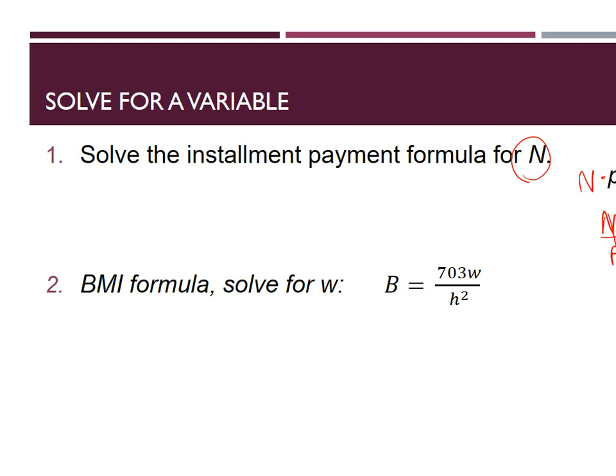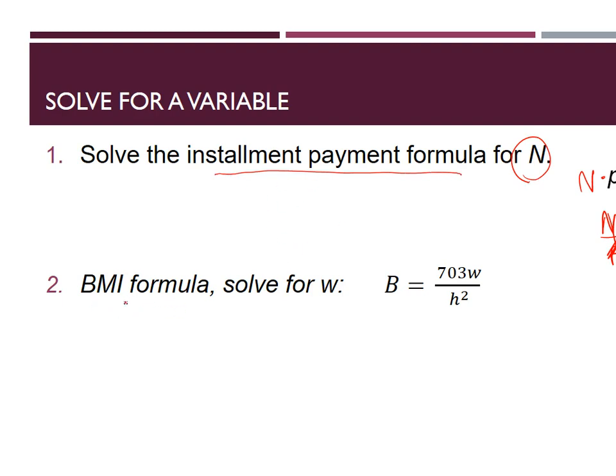Those cancel, so it just stays n equals t divided by p. And this is considered solving for n because n is alone. Okay, and that's a formula that you'll use later down the road when we do installment payments.